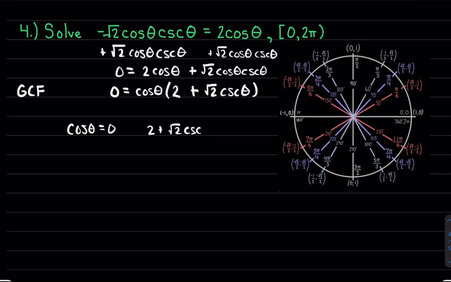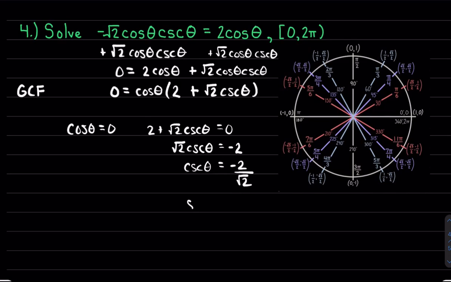cosecant theta equals 0. If I solve for cosecant, I can subtract off the 2, and then divide off the square root of 2. So I have negative 2 divided by square root of 2. Now, what you can do is cosecant is the reciprocal of sine.